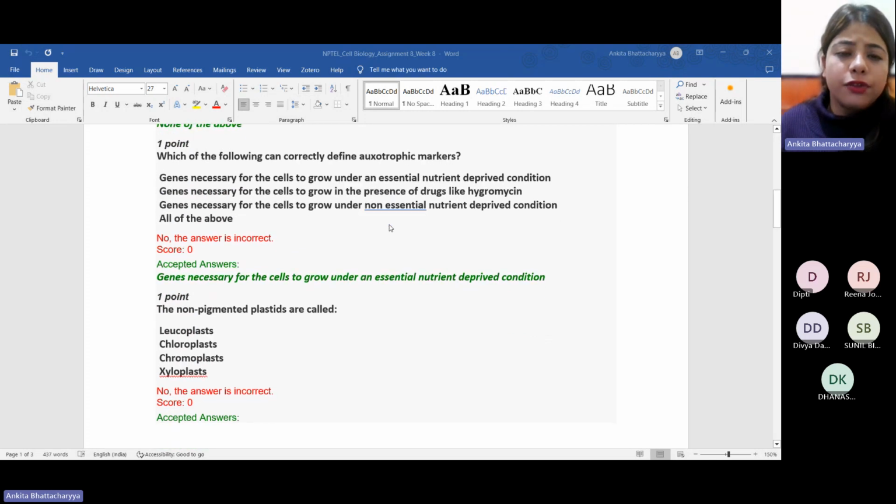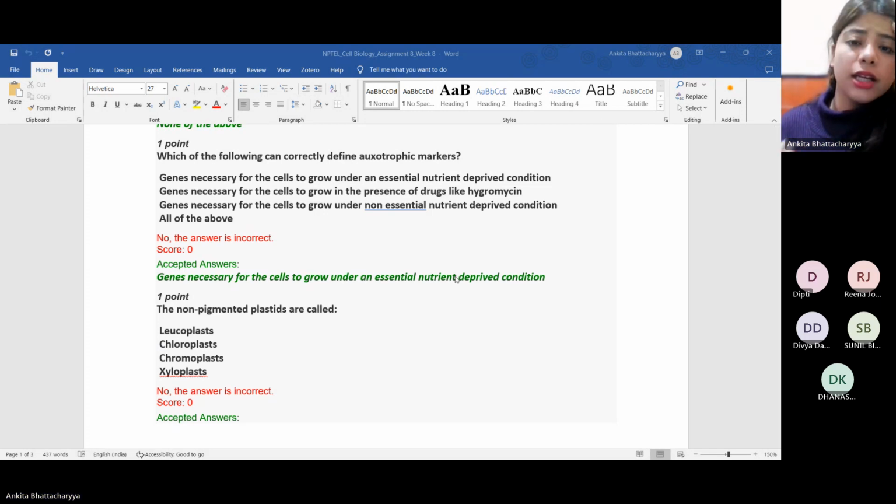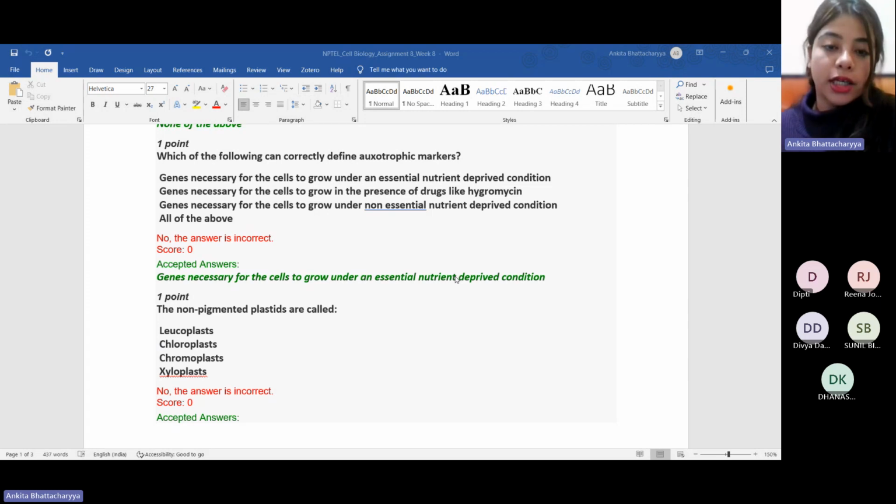Which of the following can correctly define an auxotrophic marker? So we talked about auxotrophs in the context of the two-hybrid assay and how you can use an auxotrophic marker for monitoring the way in which two genes may or may not interact with each other. Keeping that in mind, let us look at the options. The first is genes that are necessary for cells to grow under an essential nutrient deprived condition, which is the correct option.